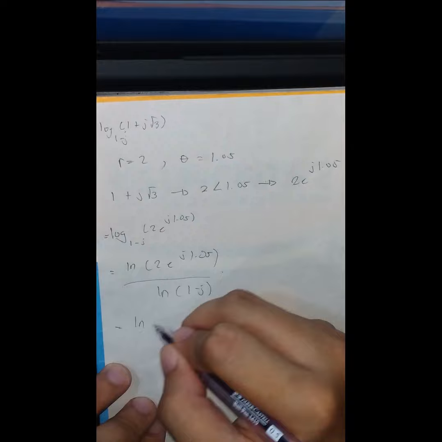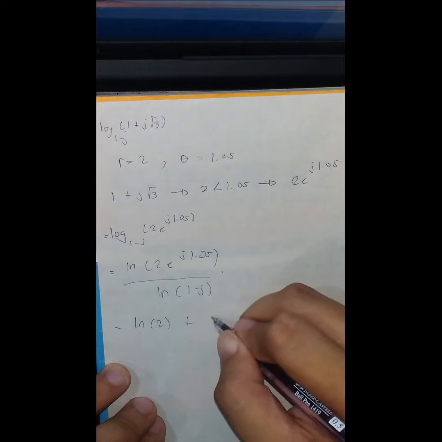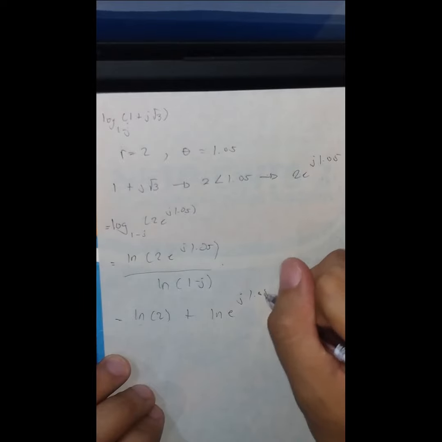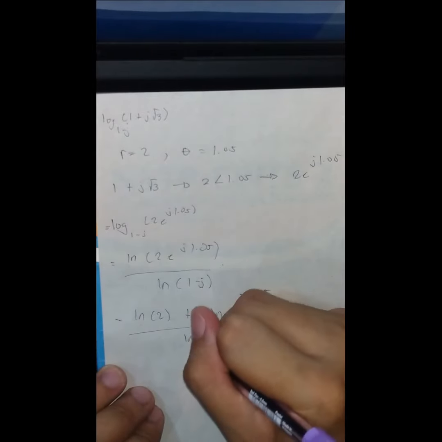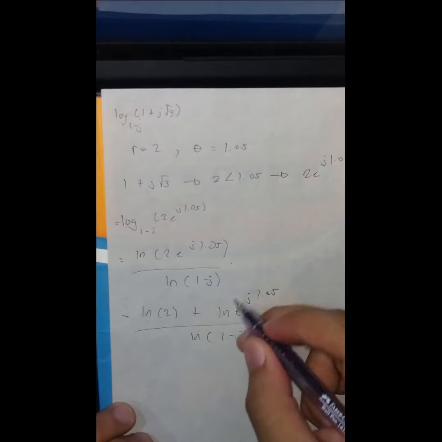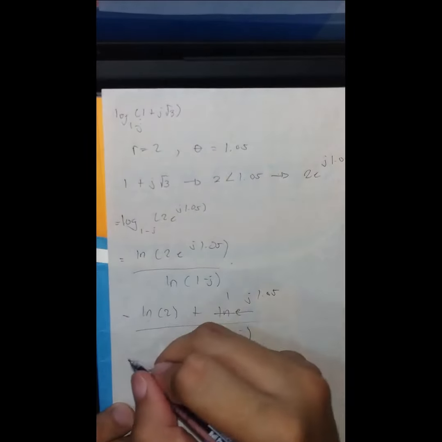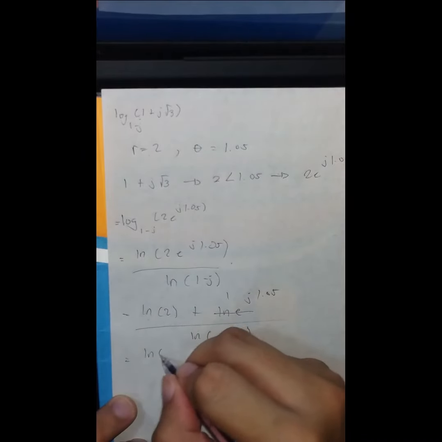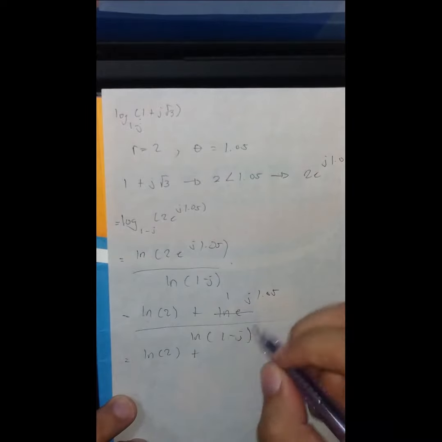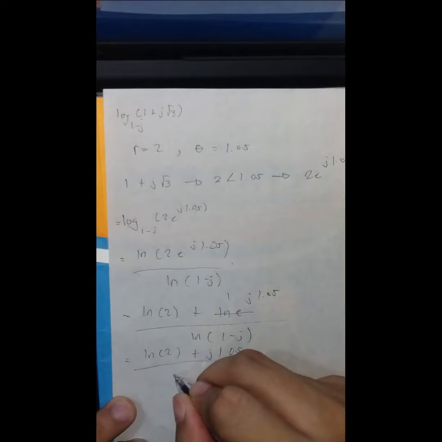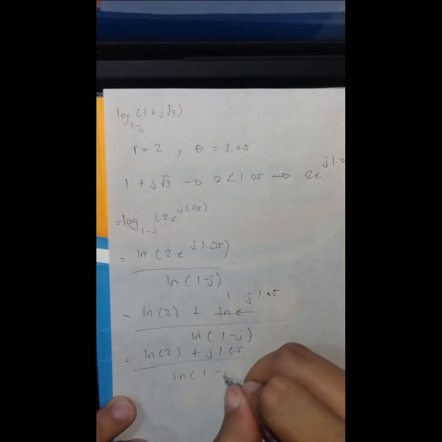So we have ln of 2 plus ln of e raised to j 1.05 all over ln of 1 minus j. And we know that ln of e is just 1. So our final answer should be ln of 2 plus j 1.05 all over ln of 1 minus j.